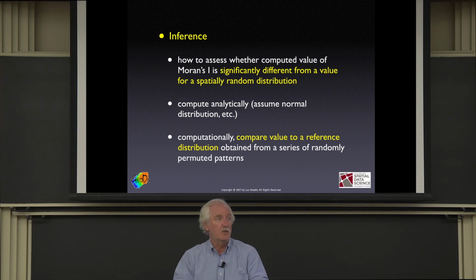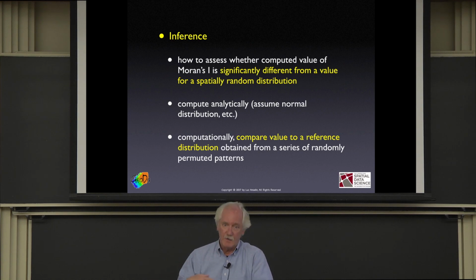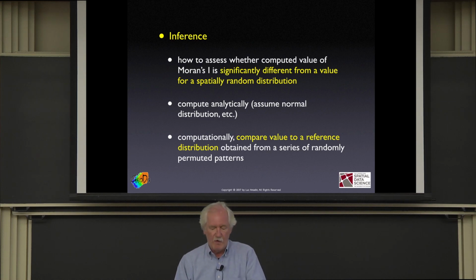But then there's another approach, which is computational, and I've already alluded to this a number of times. We basically create a set of data sets that conform to the null hypothesis by randomly reshuffling all the observations. So we mimic what spatial randomness would be, and for each of these fake data sets, we compute the statistic, which then gives us a reference distribution, and then we compare what we actually measure in the data to that reference distribution.